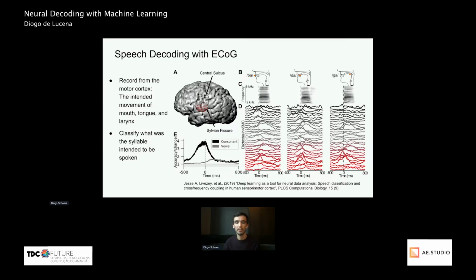So we can use the signals from the motor cortex that are controlling those movements to try to classify what syllable was spoken. And here you can see in the brain the array of electrodes, those dots from black to red, and the respective traces of signal in one of those frequency bands are shown under each of the syllables ba, da, and ga.